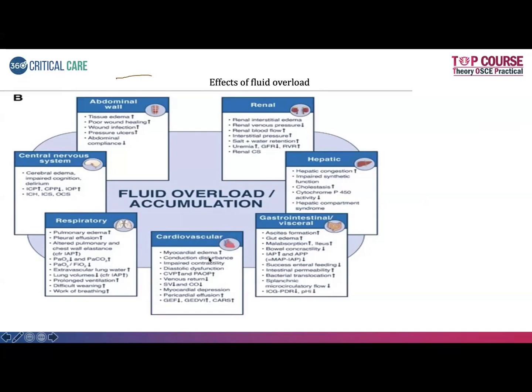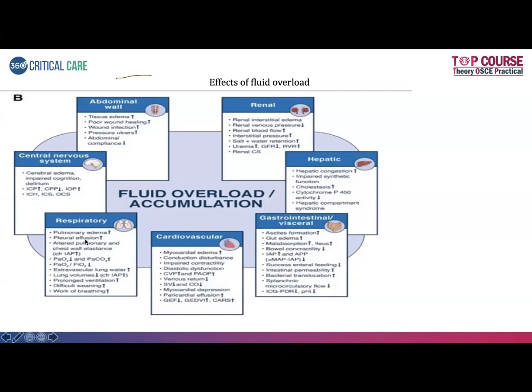Cardiovascular: myocardial edema, conduction disturbances, diastolic dysfunction, myocardial depression can be there, pericardial effusion, and your global end diastolic volume can go up. Respiratory wise, the compliance of the chest wall can decrease because of the increase in intra-abdominal pressure.